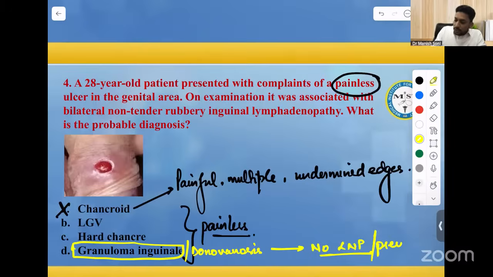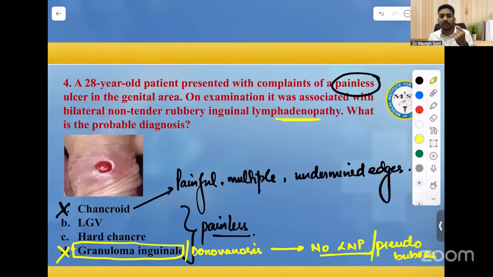Instead, pseudobuboes are seen. So this is obviously not the answer, because here in the question, lymphadenopathy is mentioned. Now we are left with two options: LGV, lymphogranuloma venereum, and hard chancre.